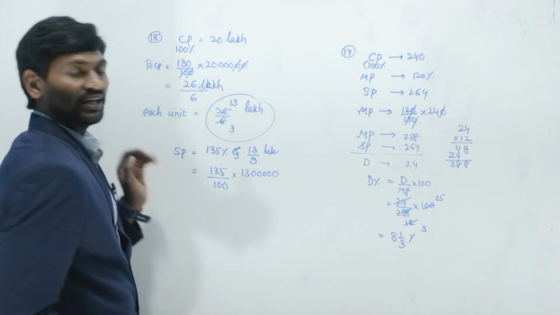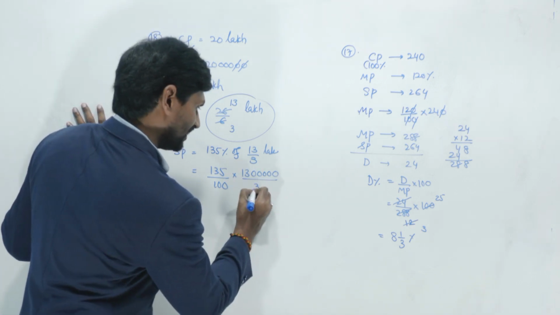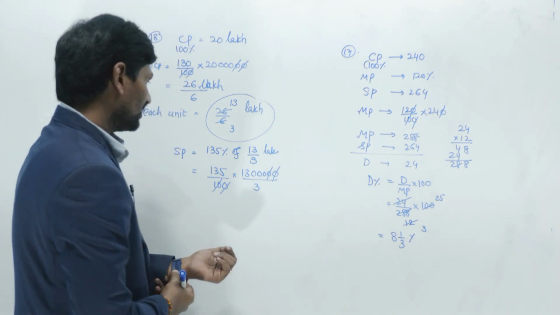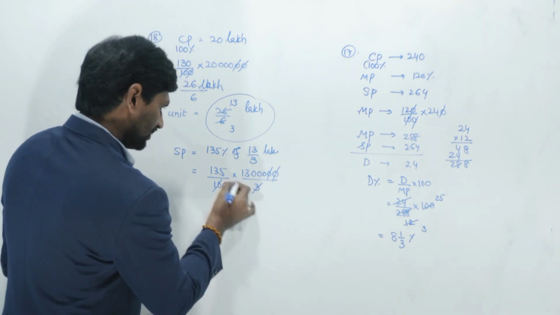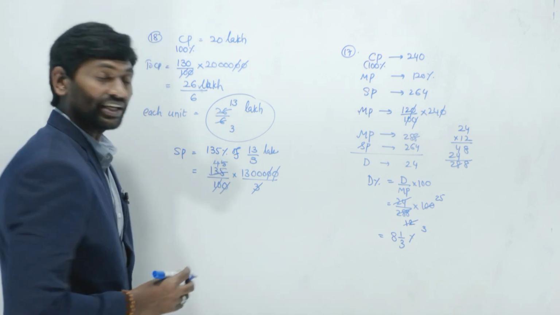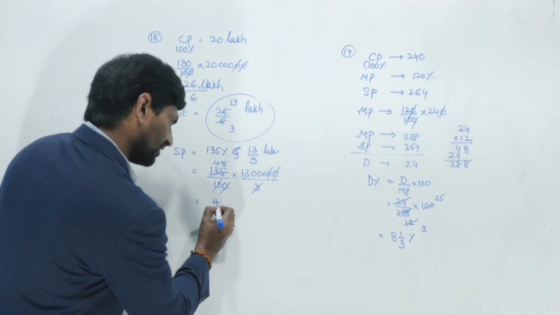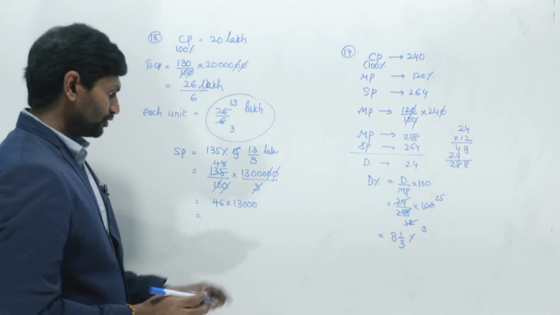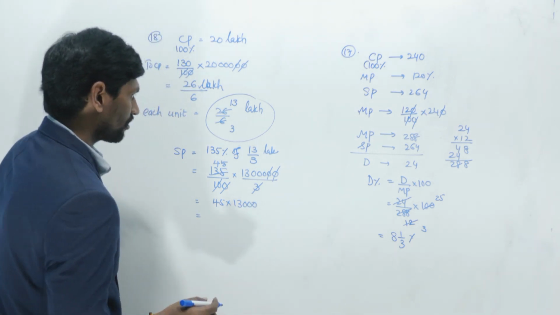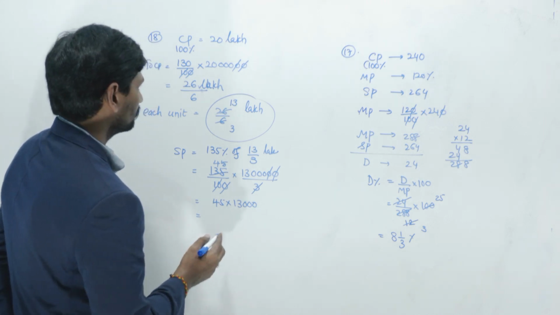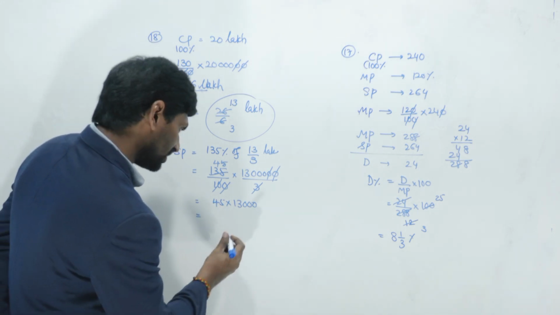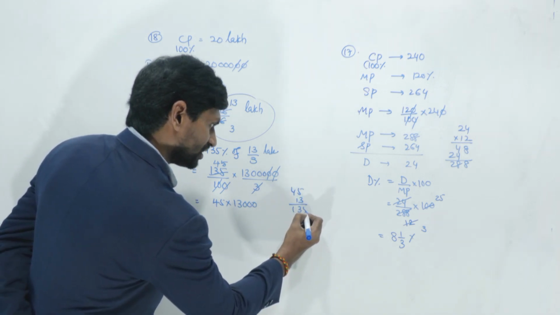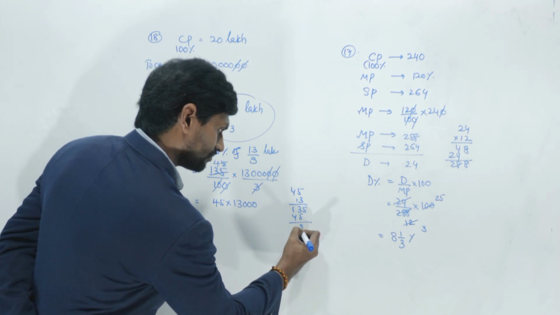13 after 5 zeros, by 3. Denominator 2 zeros, numerator 2 zeros cancel. 3 table, 3 5s, 45 times cancel. So 45 into 13,000. 45 into 13, multiply.